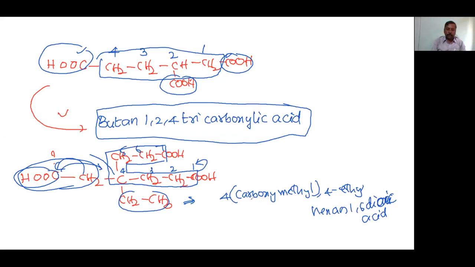Okay, hexane or pentane? Heptane, sorry. Here it is heptane, total 7 carbons are there. Therefore, it will be heptane 1,7-dioic acid. Here also a mistake, 1,7-dioic acid.